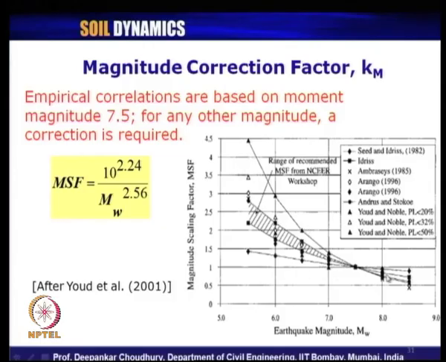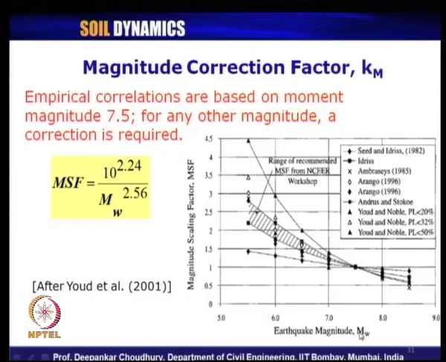They have given some ranges for how this magnitude correction factor, also called magnitude scaling factor, the same thing with different nomenclature, MSF. MSF is magnitude scaling factor, nothing but the same as magnitude correction factor Km. How they vary with respect to earthquake magnitude, this is moment magnitude, remember MW.